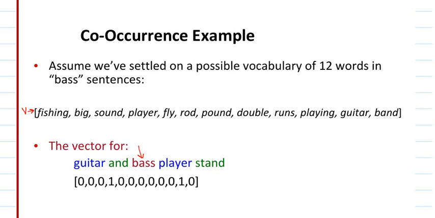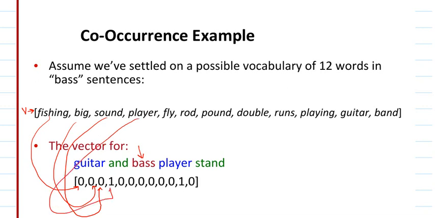So we will look into the vocabulary and assign a one hot encoding. That means fishing corresponds to the first feature, big corresponds to the second feature, sound corresponds to the third feature, and player corresponds to the fourth feature.